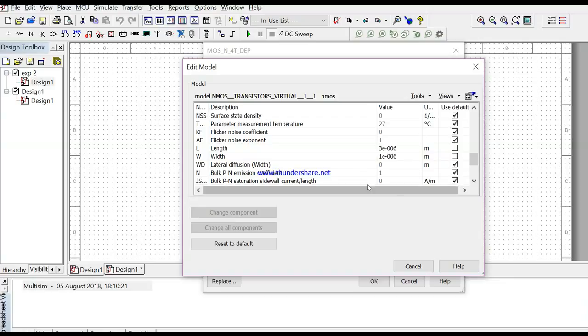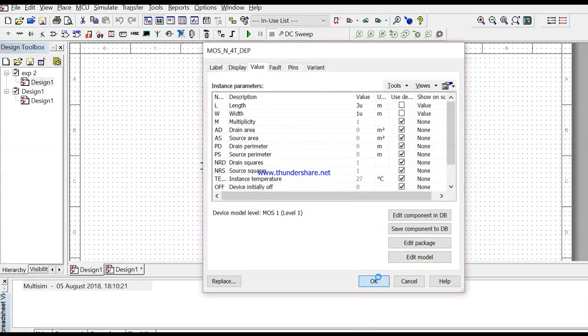Then when you change this parameter, I'll do it for you. (3e-6 micro). Then here you can select change component and you can do OK.